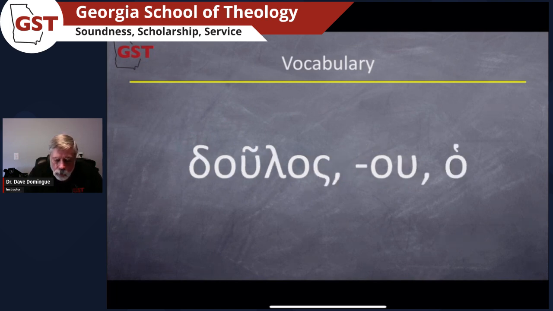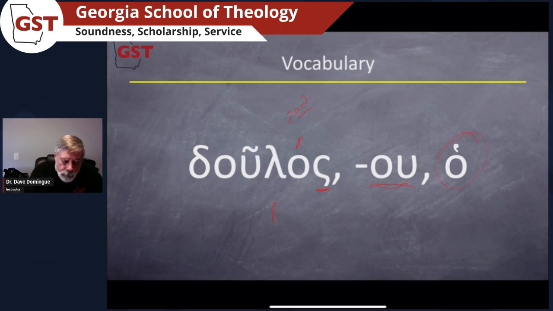Doulos, ho. So here is not an adjective, it is a noun. It's in the nominative case, that's the lexical form. There's our second declension case ending, and there's our genitive form. Doulos, doulou would be the genitive form, and there's our article.